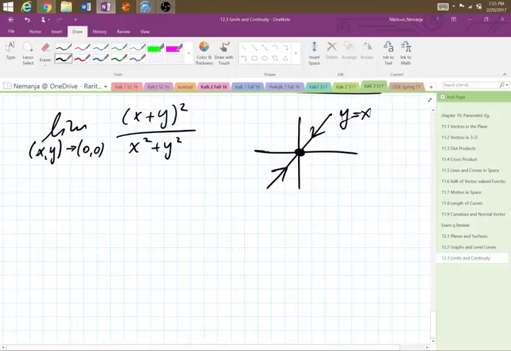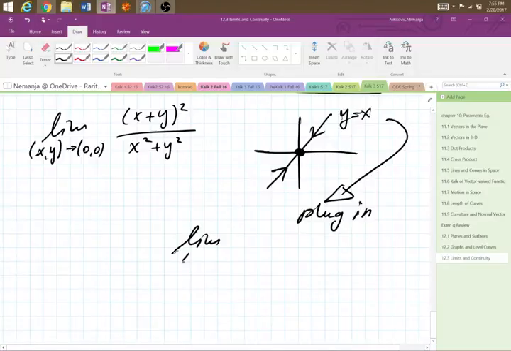So when I plug in, what do I get? I get the limit, because I'm only going to have x's left. It's just x goes to 0 now. And y is replaced by x, so I have 2x squared divided by 2x squared, like this.